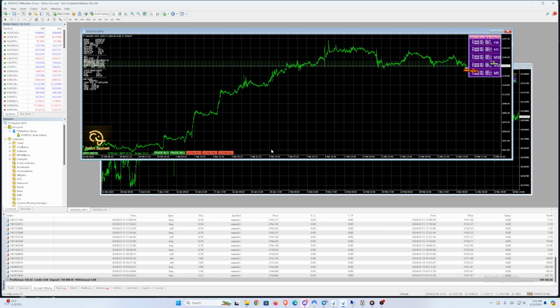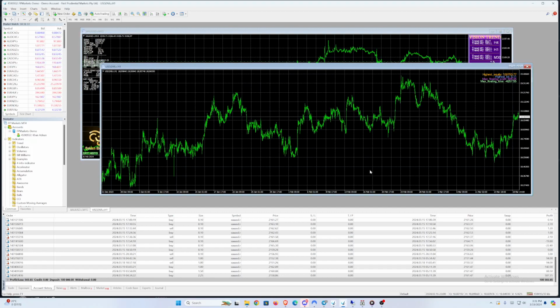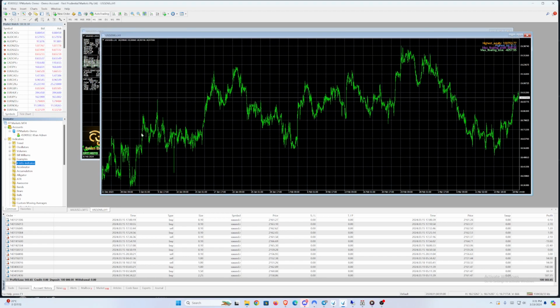So you will see some trades are running here already. Some are profitable, $88. And I have another indicator called an info indicator. What it shows is that once I put it on a separate chart, it's an indicator, I just drag it on and let it run for a while.